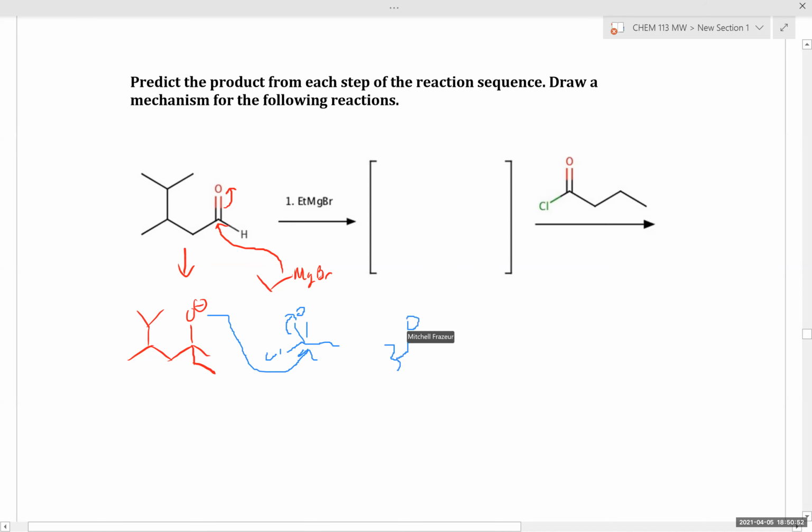And once we have this tetrahedral intermediate, it's going to collapse to regenerate our carbonyl by kicking out the best leaving group. Now, of course, we can kick out the alkoxide ion, but that's non-productive. Eventually, we'd end up kicking out the chloride and generating our acylated alcohol.